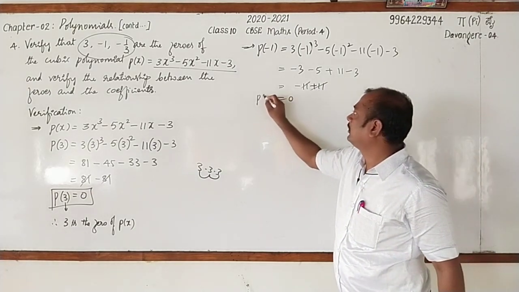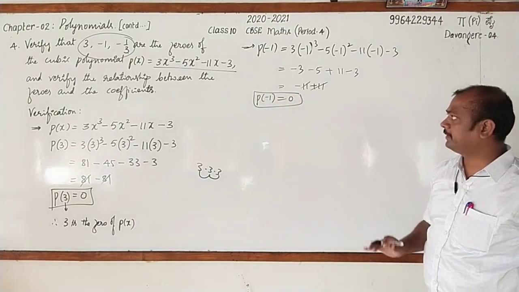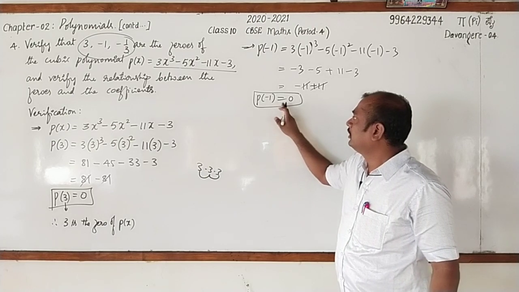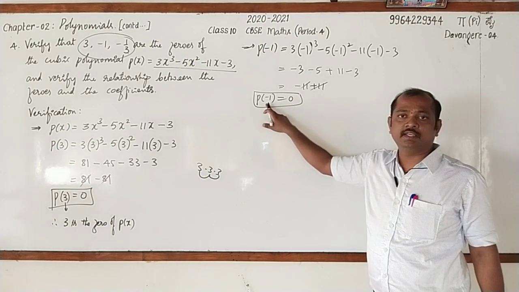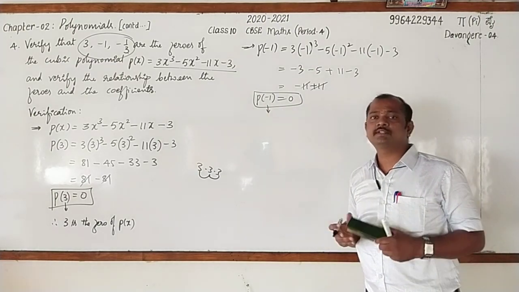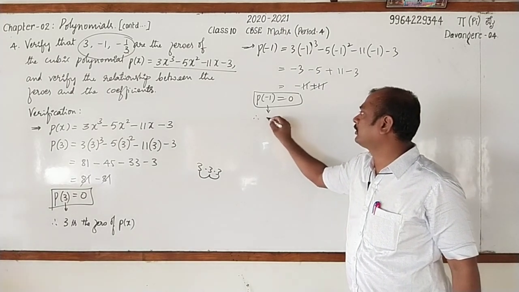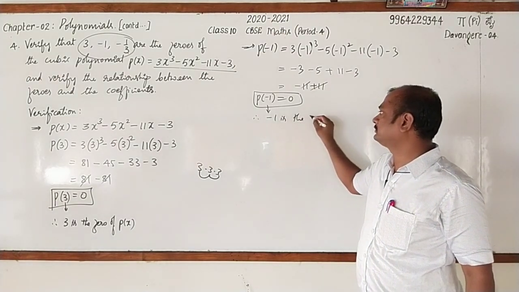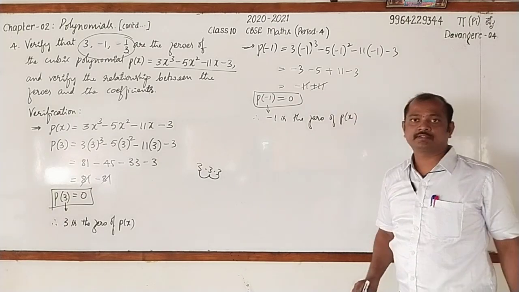So P(−1) is equal to 0. Clear? Now, here the value of the given polynomial is 0 when x is minus 1. Then what do you call minus 1? This is also a zero of the polynomial. Here I'll write, therefore, minus 1 is the zero of P(x).